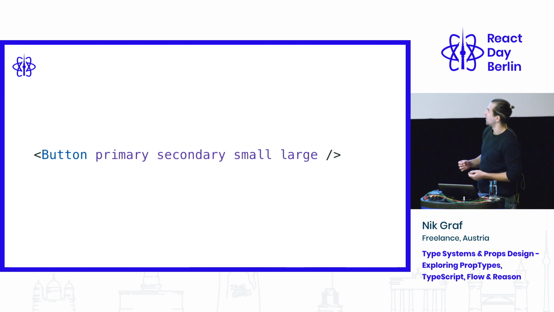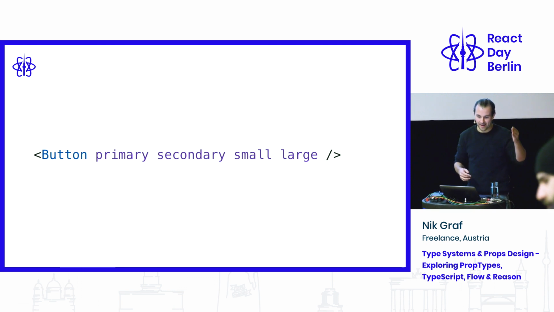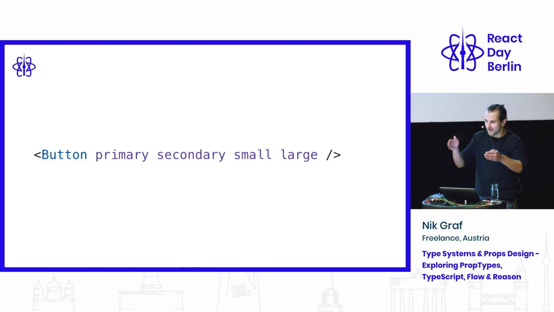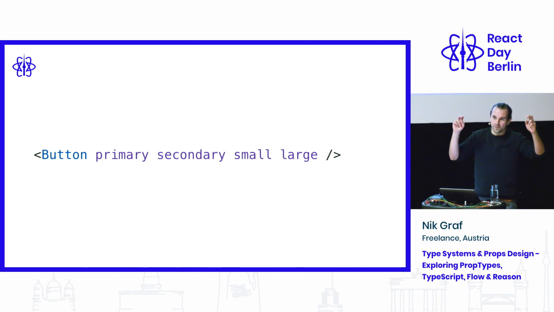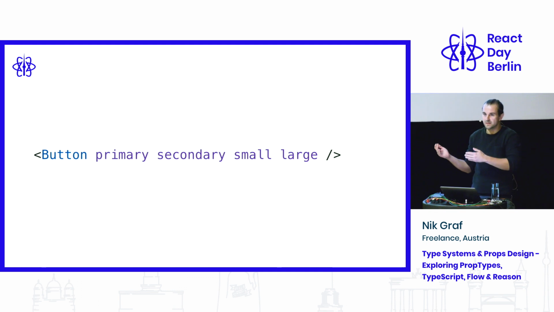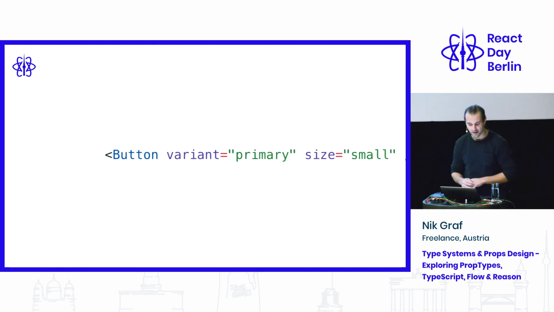Is it now primary, secondary? The specification is clear: there can be either primary buttons or secondary buttons, but then you have to go back to product management or design and ask, if it's this, what should I even do? Because it's not clear. Small, large, no, I think you get the gist of it.